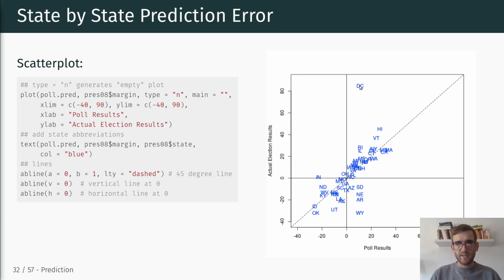We just assumed that they will be, in terms of their support, just like the national average. And of course, that creates huge deviations if we then compare it to the actual 2008 result. The underlying reason here, for example, is that DC has much higher support for the Democratic candidate in 2008 than the national polling average, or Wyoming had much lower Democratic support than the national polling average, right? So that's where these deviations are coming from.